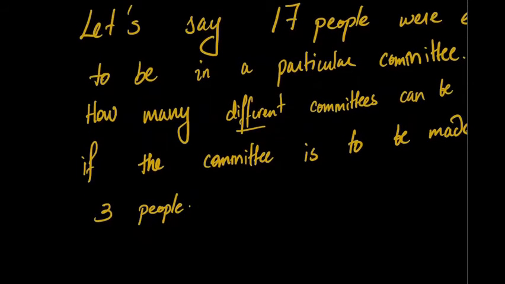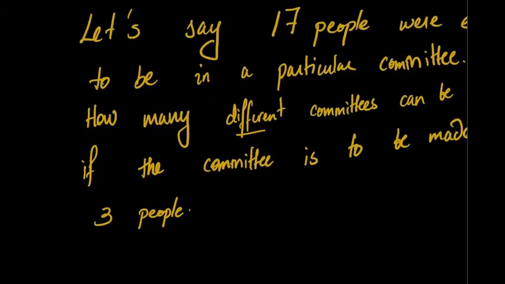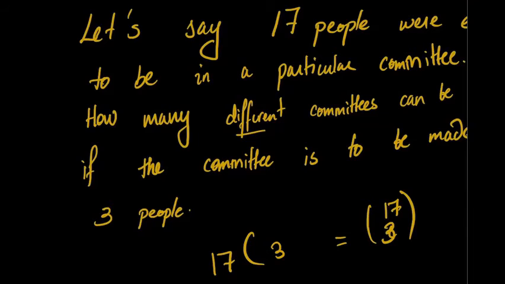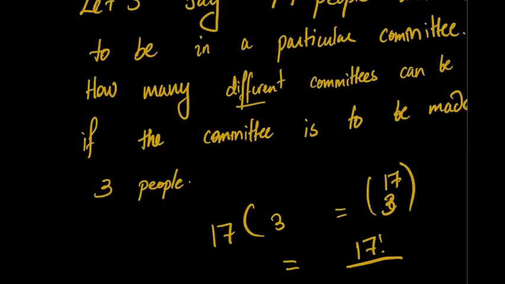And so in this case, we would just be using 17 choose 3. Well, this would be the same thing as saying 17 factorial over (17 minus 3) factorial, which is 14 factorial, times 3 factorial.